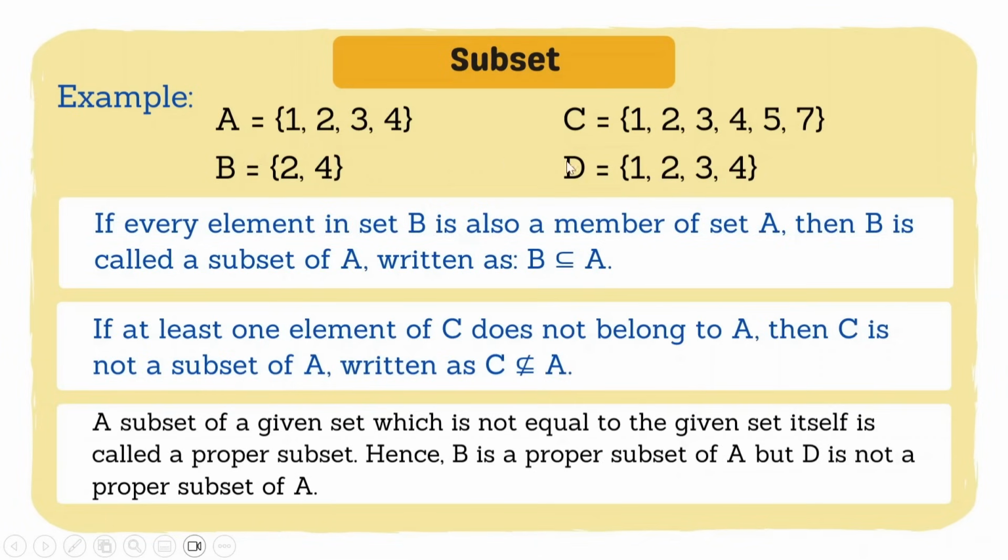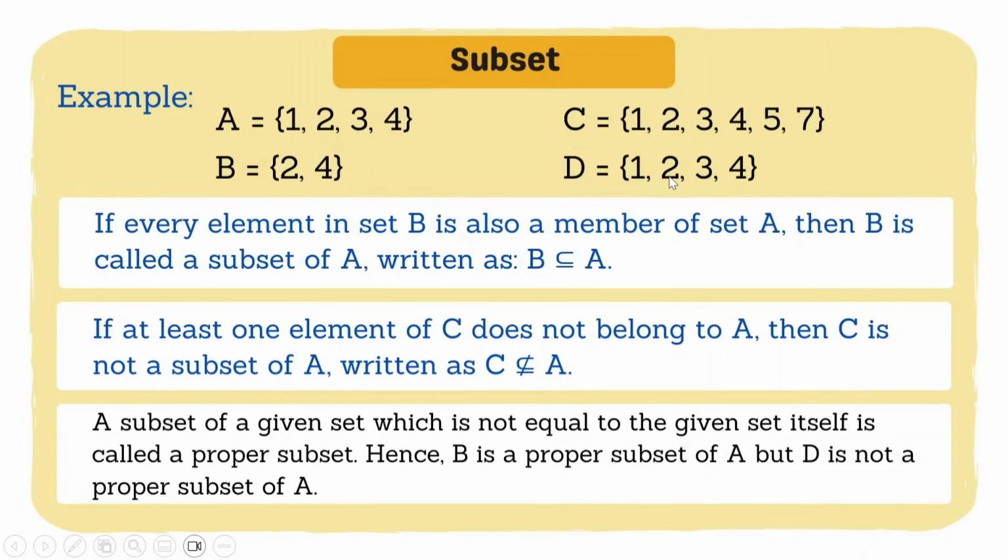However, there is a difference. What? Si set B, hindi po lahat ng elements ni set A ay nasa kanya. Okay, so hindi po lahat ng elements dito ay kabilang sa elements ni set B. It's just 2 and 4. Ang tawag po natin dito ay proper subset of A. Kasi mas kakaunti yung elements niya.